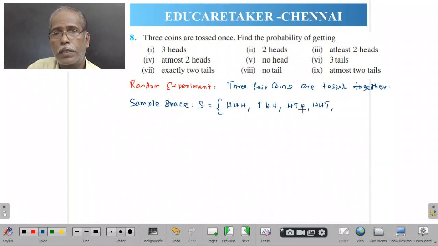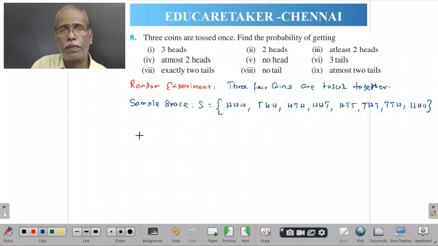Then the number of heads 1: the first one head and the other 2 tails; the first one tail, the second one head, third one tail; and first 2 tails and third one head. And one more possibility, 1 2 3 4 5 6 7, there should be 8 sample points, 2 power 3, all 3 are heads. Okay, this is n of S.